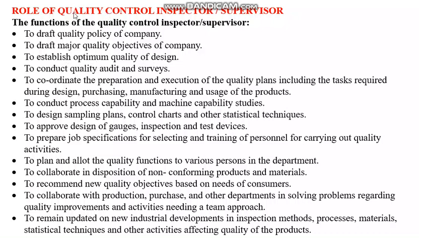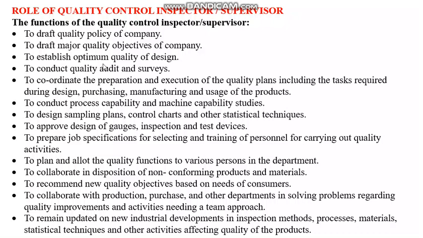Now we are talking about a quality control inspector, not just an inspector. Okay, so this is a broader thing, therefore even quality of design comes into picture. So we have to choose optimum. That means it is not that we are producing the best quality, but we are producing a product which the customer can afford.